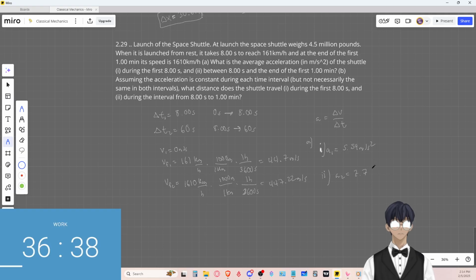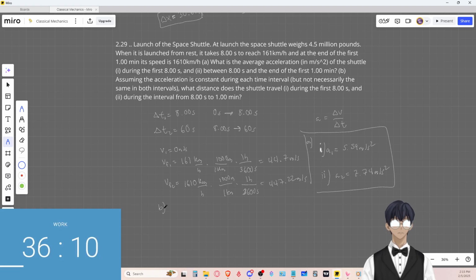So it rose to meters per second squared. Okay, I think that makes sense. It's in between, at the end of the first minute. We did take the time difference, so I think that is solid. So I think these two, we'll put in a box. Hopefully we get this right.